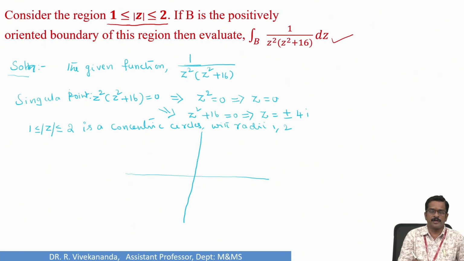So first I am taking one circle with radius 1, and another circle with radius 2.